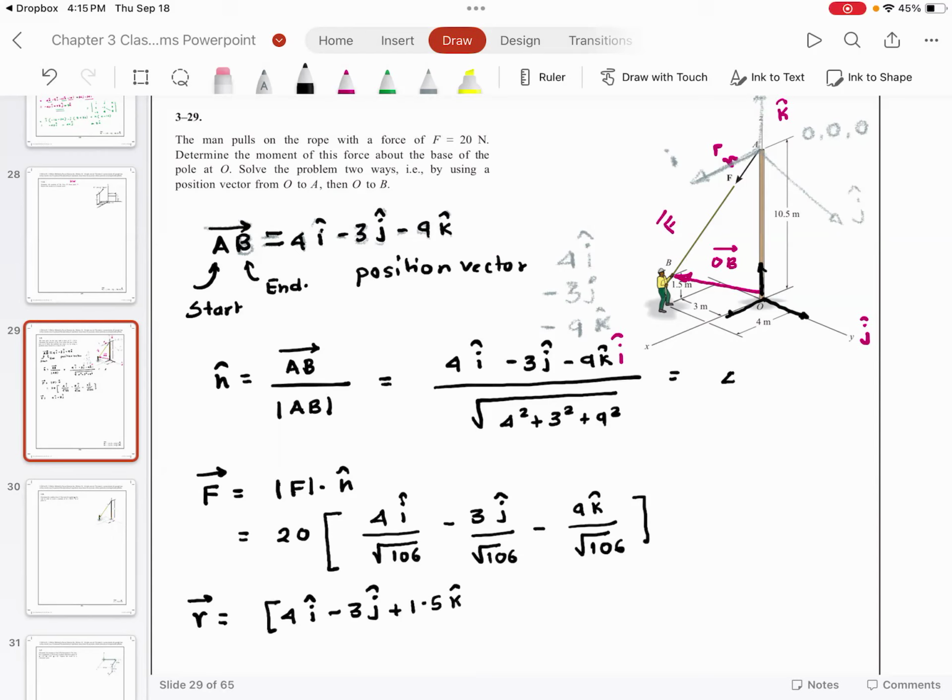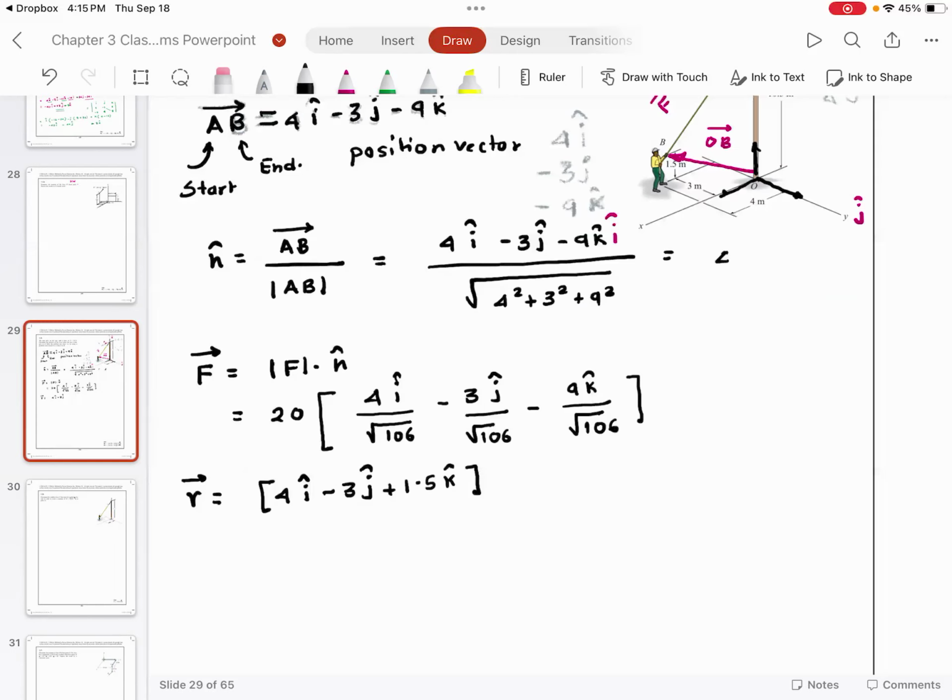You agree with me? And to find the moment, you do R cross F.